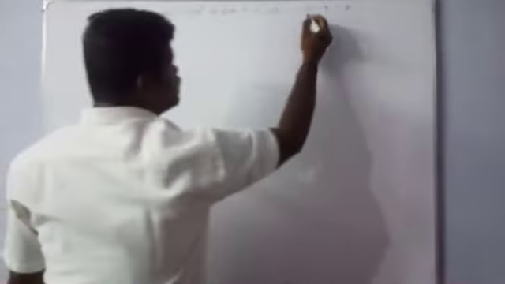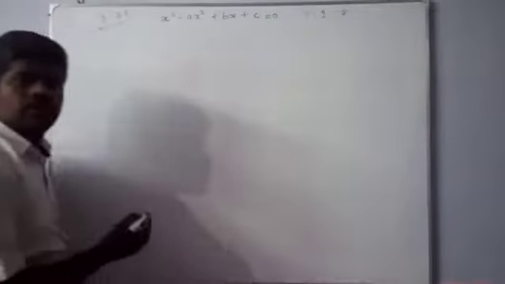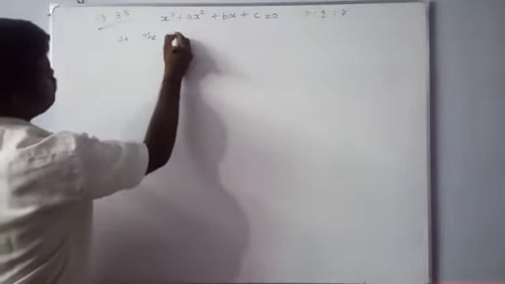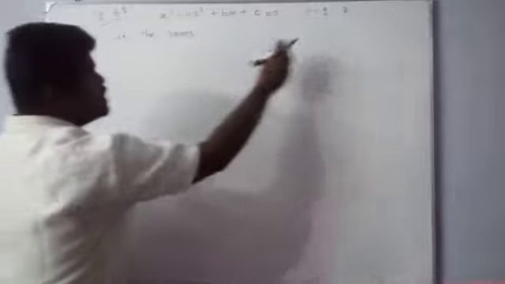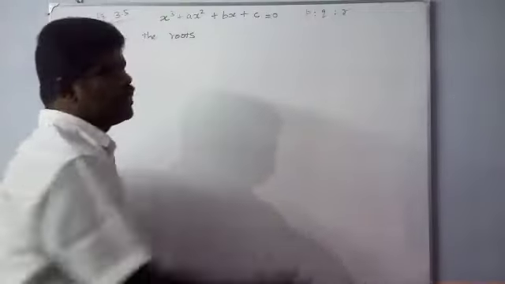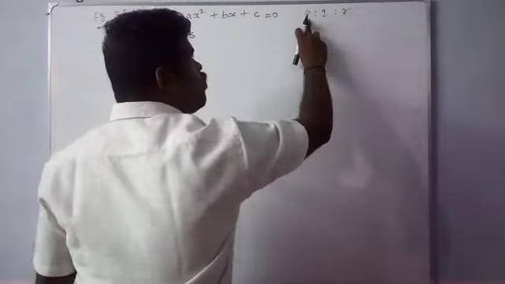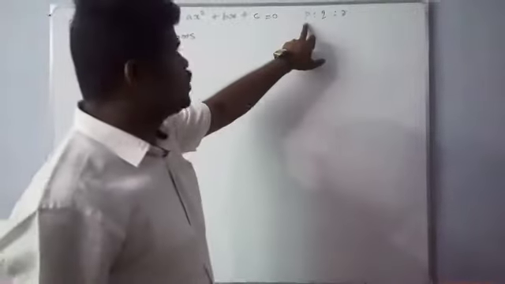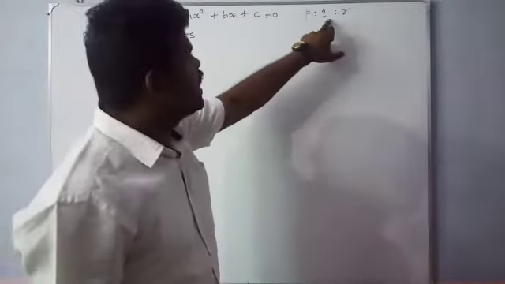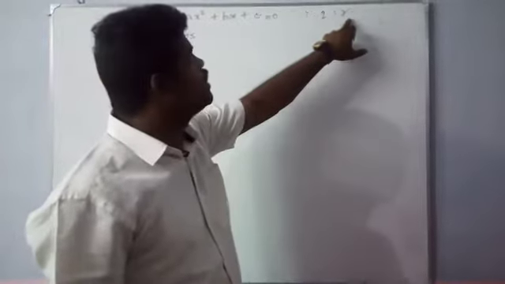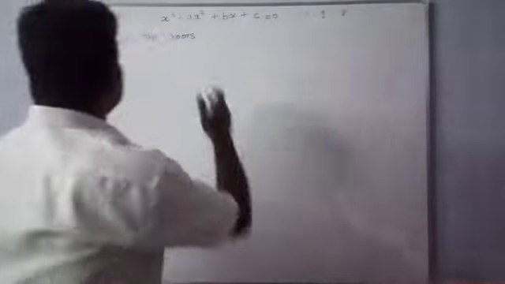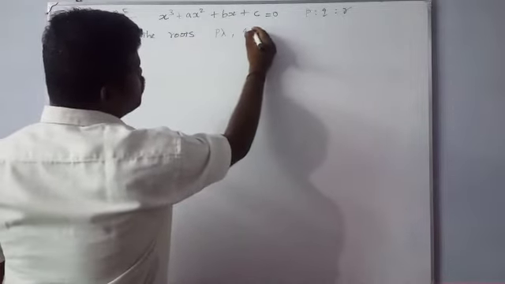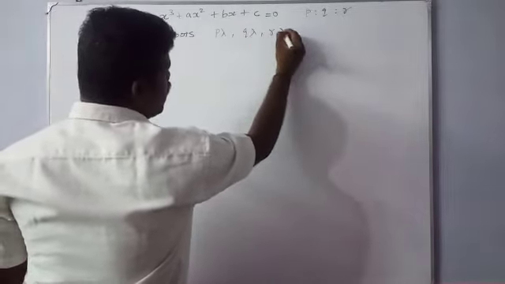First of all, the roots are in the ratio. Therefore, let the roots be, with one common value lambda. Suppose the first root is p lambda, the second root is q lambda, and the third root is r lambda. So the roots are p lambda, q lambda, r lambda.